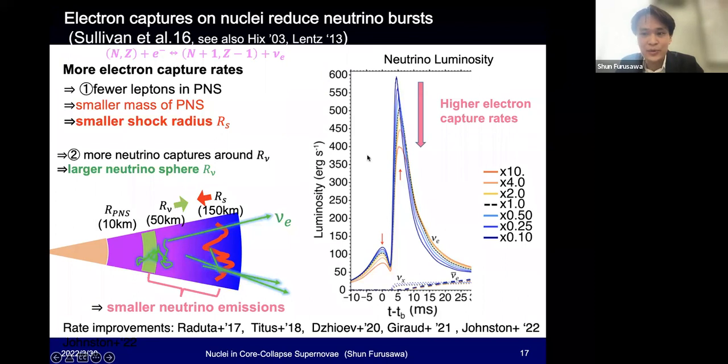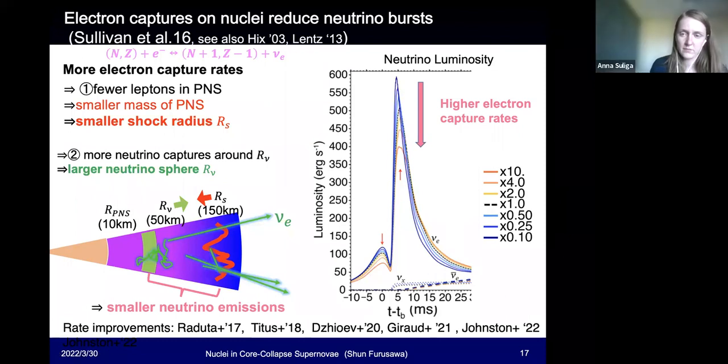Yes. So of course, this is derived from SFHo, and they changed the electron capture rate greatly, and as a result some peaks are greatly changed.